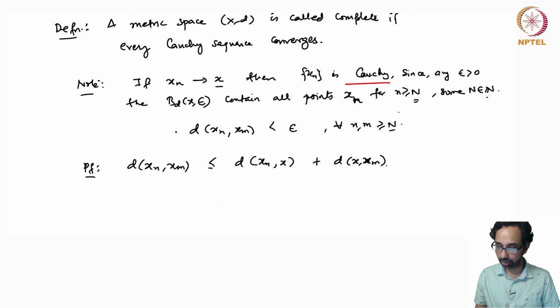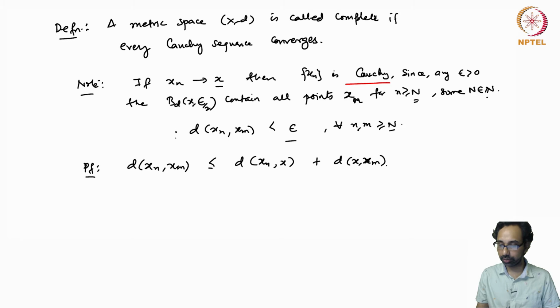And now because x_n belongs to the epsilon ball centered at x, this means that both of them are less than epsilon. So in fact, I can choose here the radius epsilon by 2 rather than epsilon, and then I will get epsilon in here.